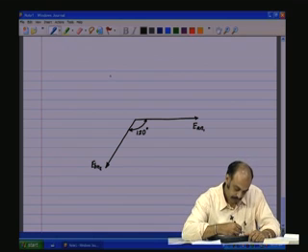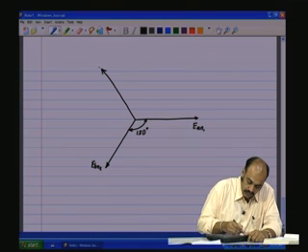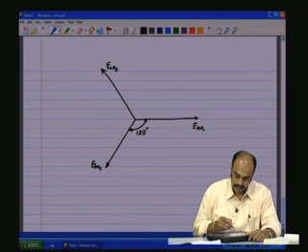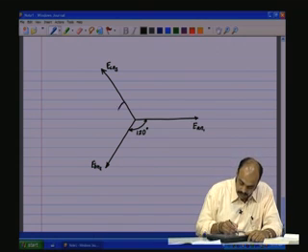And now, let the EC source voltage, ECN3, lag the EA source voltage by 240 degrees.